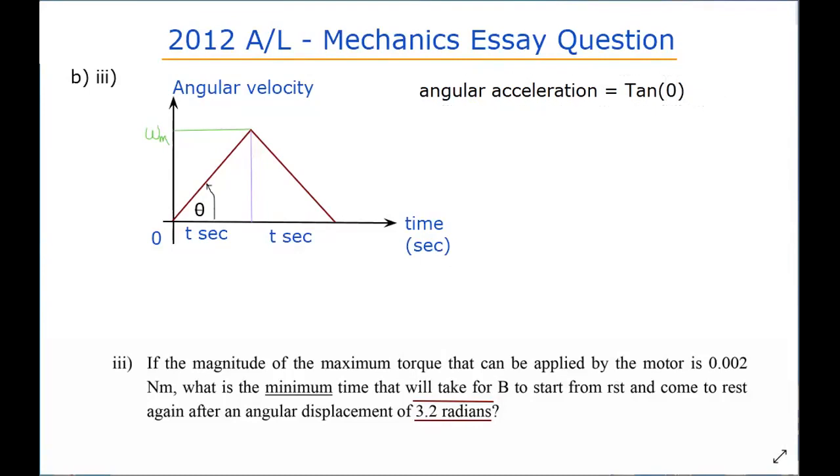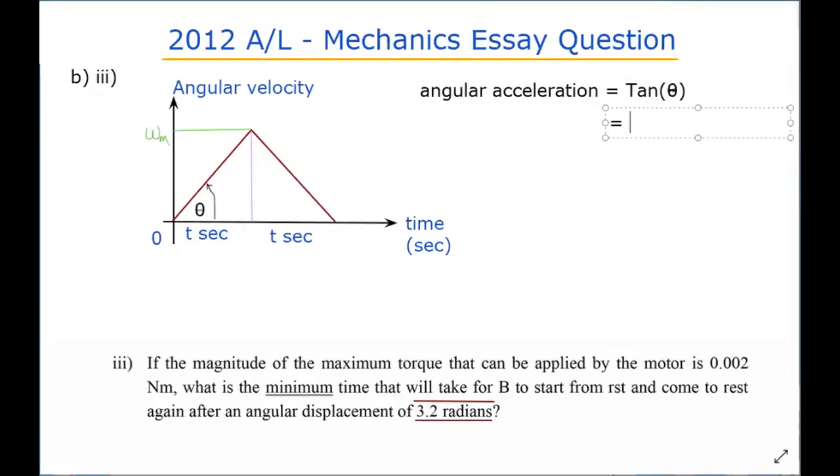So angular acceleration is tan theta. Can you do the rest and obtain an expression? I think we will not be able to obtain a value for angular acceleration, but we will be able to obtain at least an expression. So angular acceleration we cannot find directly, but we can write it in terms of the opposite side.